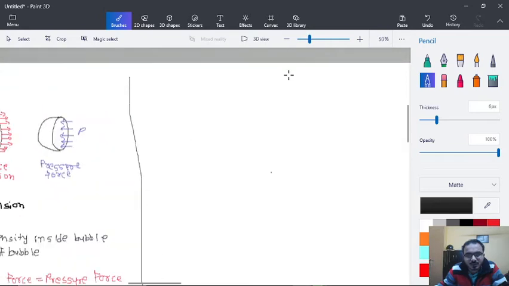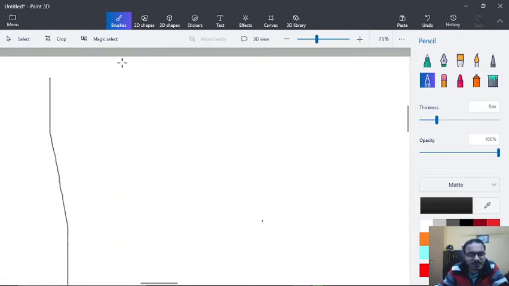So as we were discussing, the surface tension force is equal to the weight force.